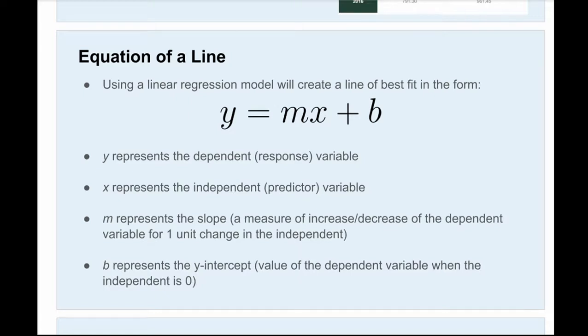Y represents the dependent or response variable, x represents the independent or predictor variable, m is the slope, or basically a measure of increase/decrease of the dependent variable for 1 unit change in the independent. And b represents our y-intercept, the value of the dependent variable when the independent is 0. So again, bringing you all the way back to grade 9, y equals mx plus b. This is what we're looking for when we get our linear regression.